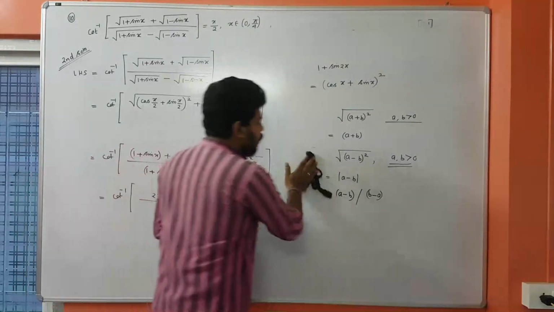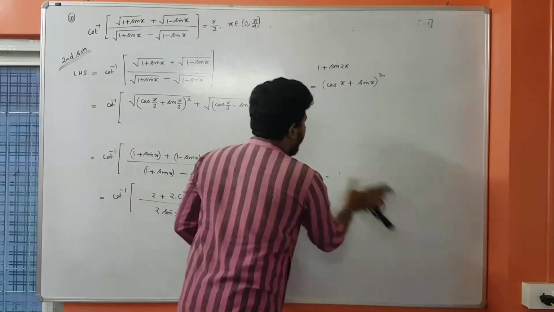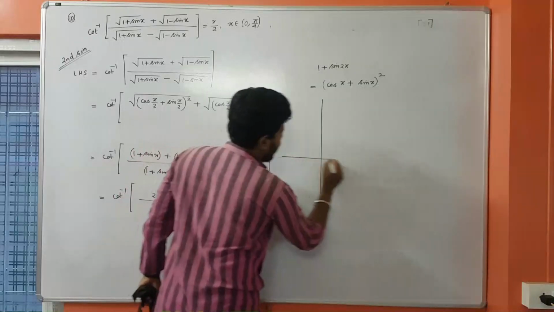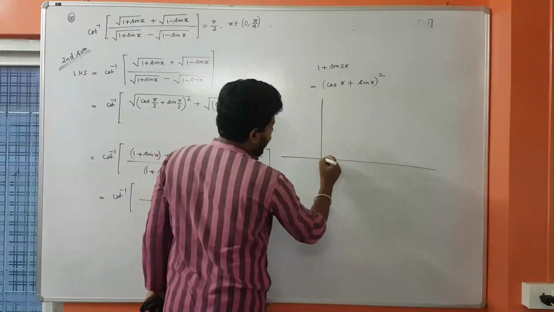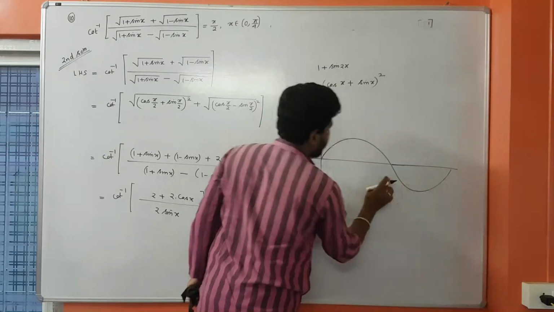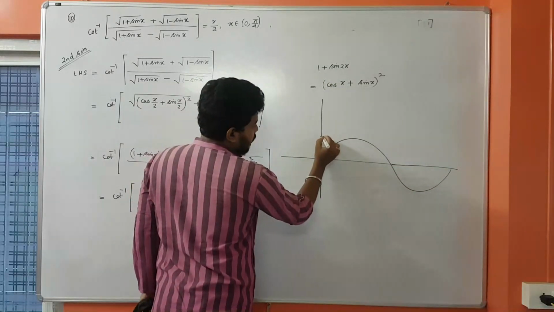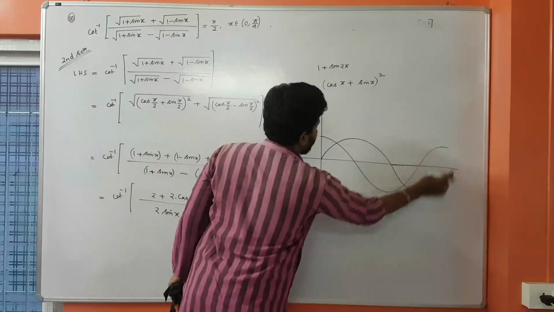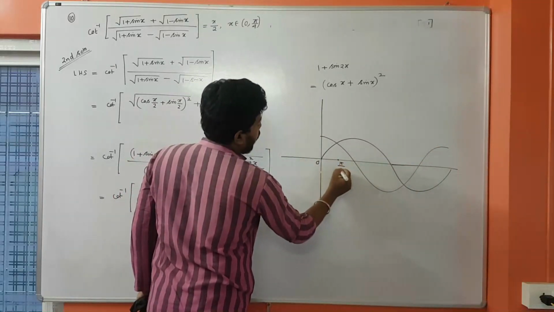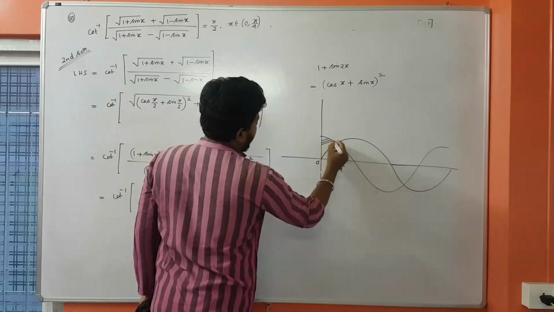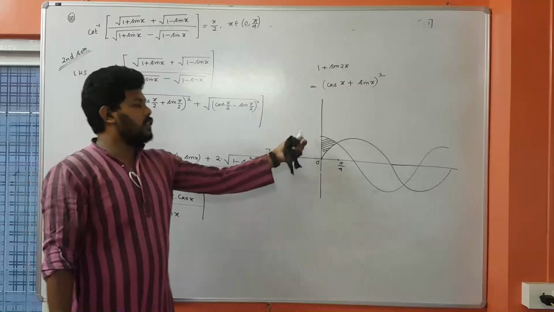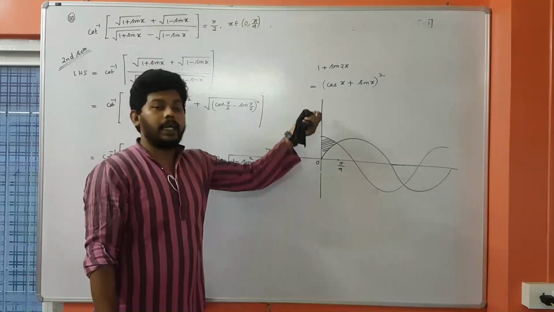If you see carefully, if I draw the graphs of cos x and sin x, you will notice that the graph of cos x is this, so sin x is this, and for cos x it is this. This is 0 comma pi by 4. In this interval, the graph of cos x is lying above sin x.